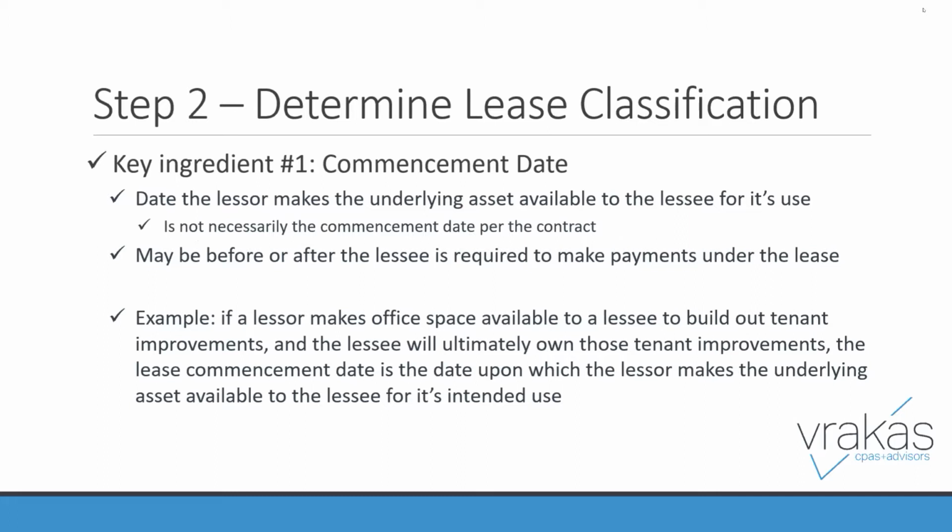We see many times that even if a lease contract starts, let's say on December 1st, the lessee, the tenant, gets access to the space maybe 2 or 3 months ahead of time, so that they can get into the space and build out some leasehold improvements for themselves. So under this standard, the commencement date is the date that you get access to use the asset. So it would be whatever date you get access to move into the space and start your leasehold improvements.